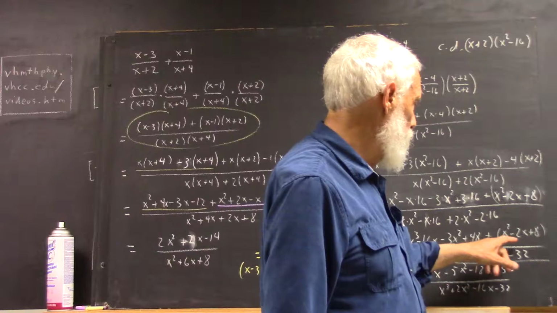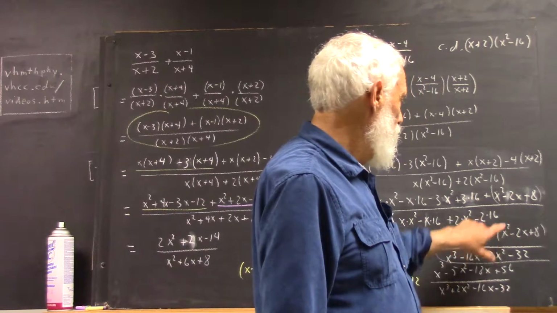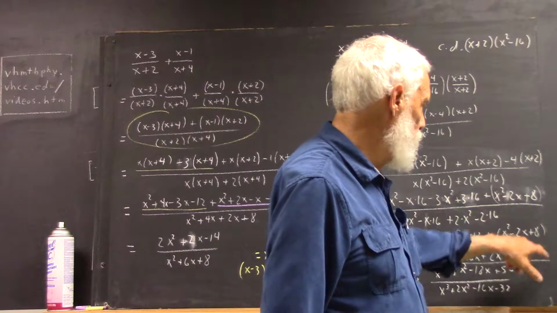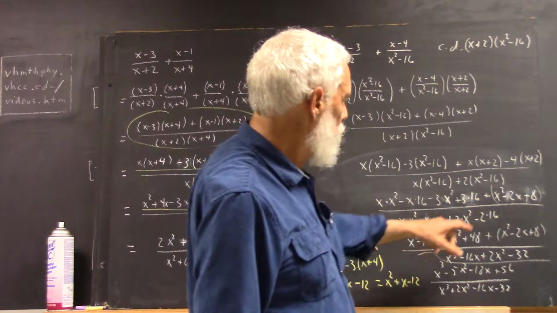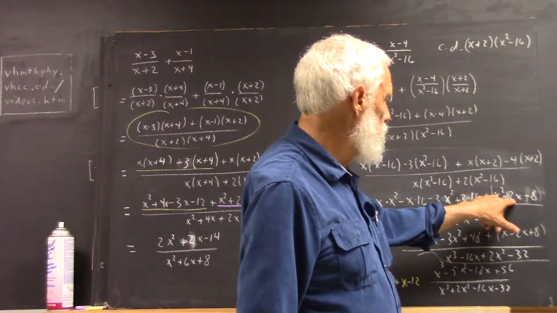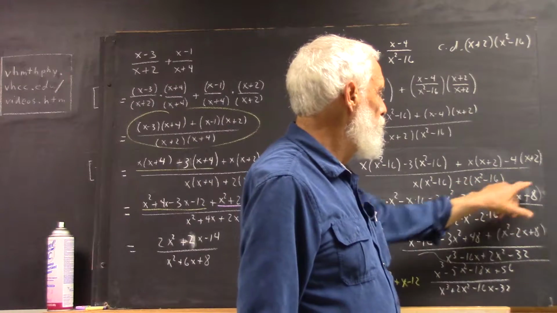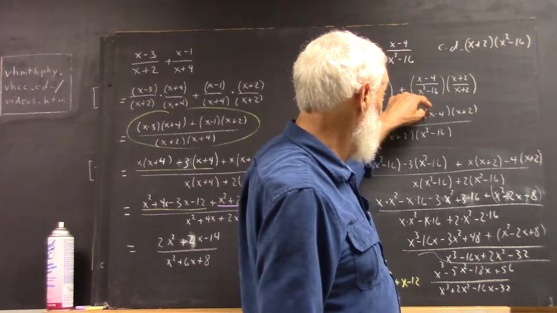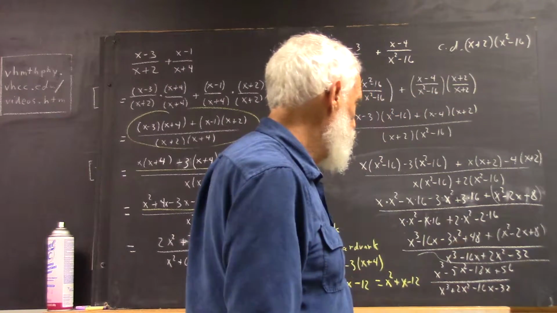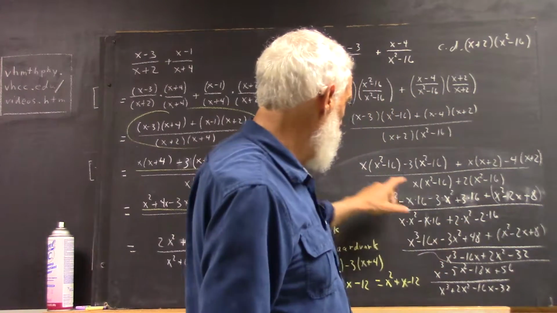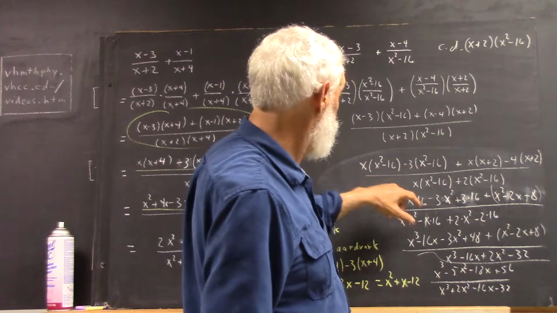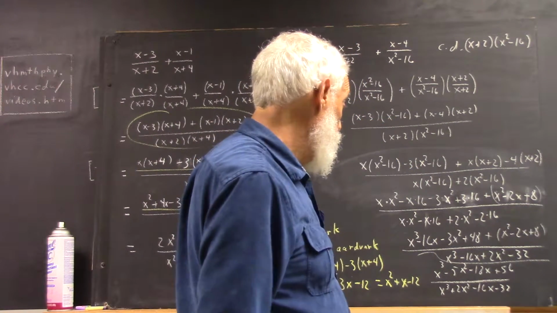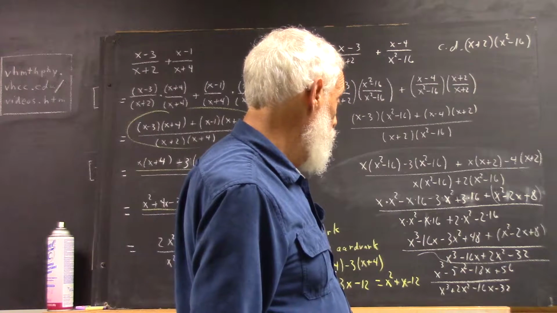And I've still got my x squared minus 2x plus 8. Strictly, I don't really need the parentheses around the x squared minus 2x plus 8. I'm just using them to indicate that this is the result of multiplying this by this, just to separate it from the result of multiplying these 2 factors. Okay?